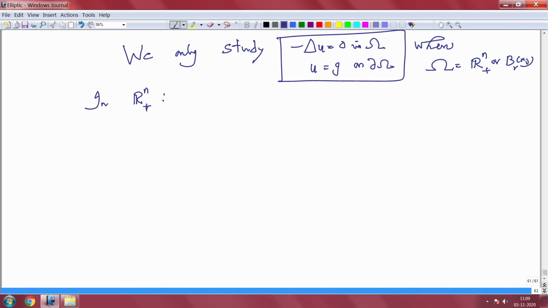We will give more details here. Similar things can be computed by the students when they study. In R n plus the Green's function G of x, y is already done. We are repeating actually, but let me do it. Because minus phi of x tilde minus y we already did, it is not necessary.